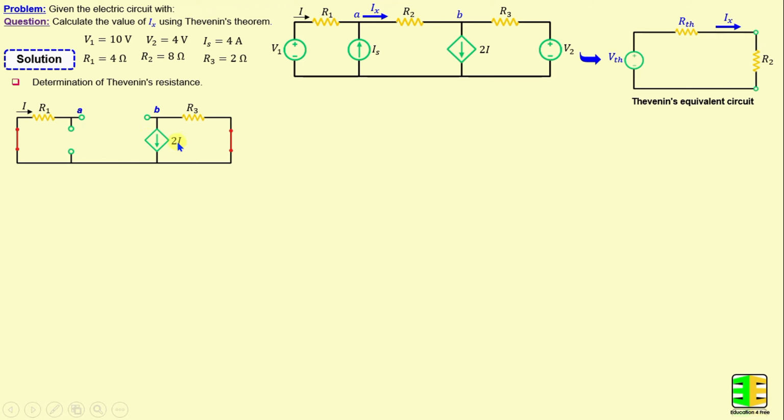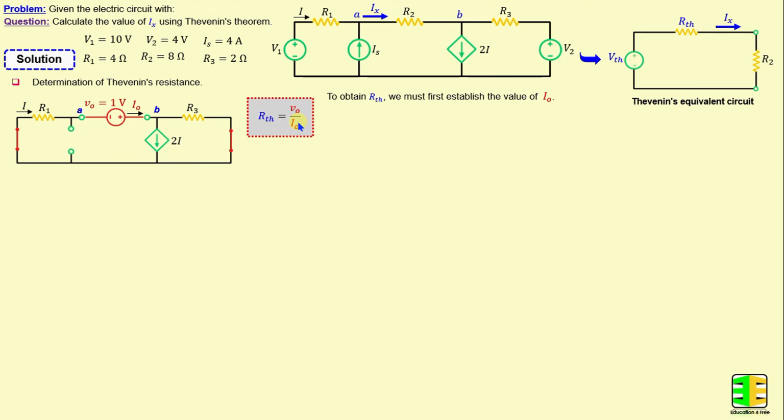However, the idea is to excite the network with a voltage VO connected between terminals A and B. We can set VO equal to 1 volt to make the calculation easy. Our goal is to find the current IO through the terminals. Once we establish the current IO, RTH can be calculated by VO over IO.